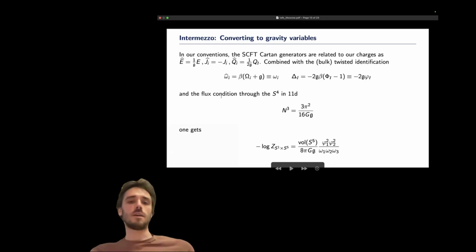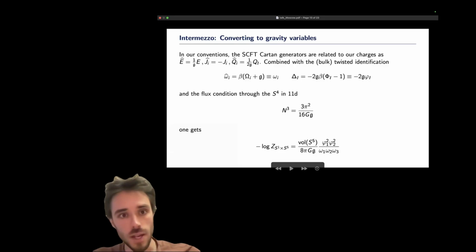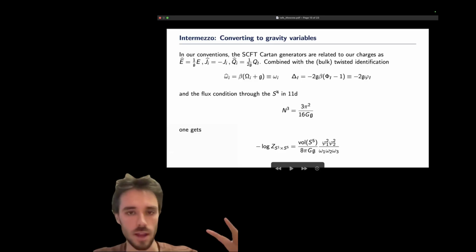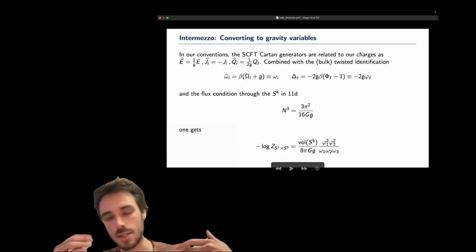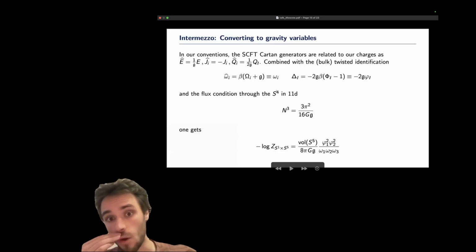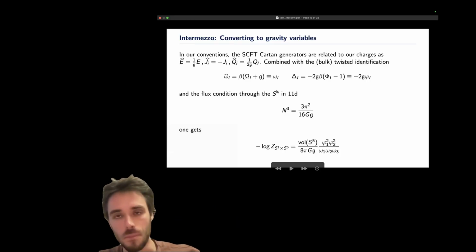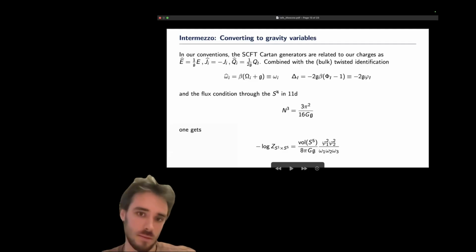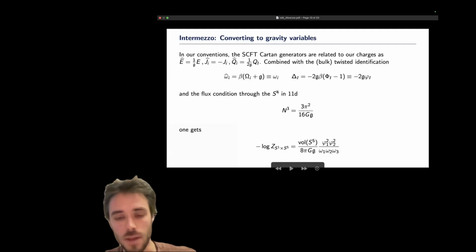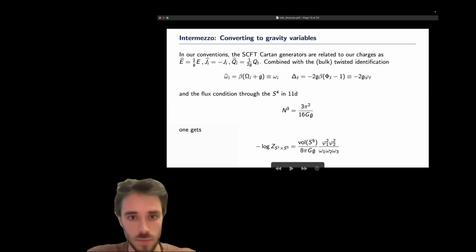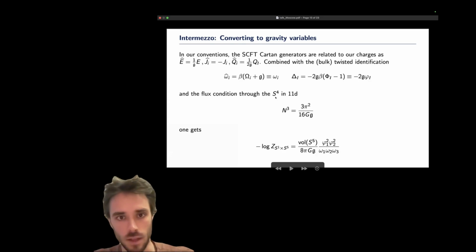And finally, I have to do a simple calculation. I calculate the flux through the S4 in 11D. I remember that all of this is embedded actually in 11D. So in order to describe the proper microscopic origin of the constants that appear in my supergravity, I have to remember how I'm embedding this in 11D.